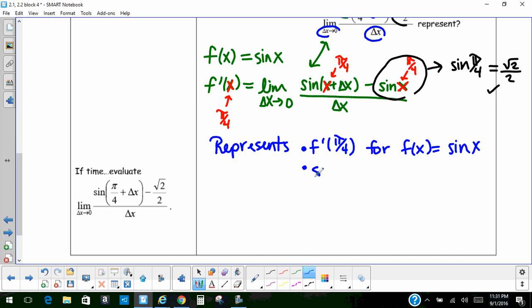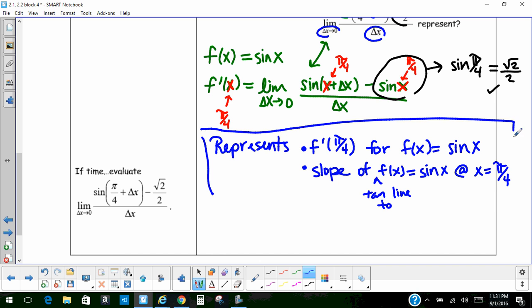That then also means the slope, right? Slope of tangent line or slope of the graph. So you could say slope of f of x equals sine of x at x equals pi over 4. Or the slope of the tangent line to f of x equals sine of x at x equals pi over 4. So to just answer their first question as far as what it represents, that's what it represents.